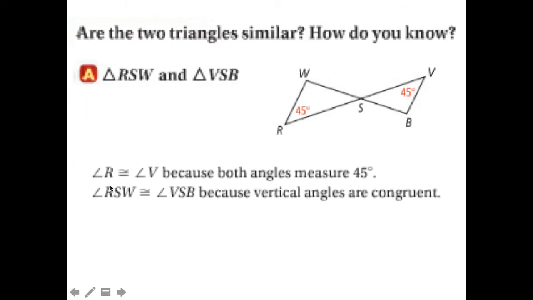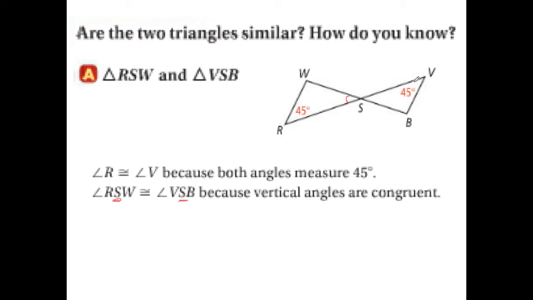As stated before, angle R is congruent to angle V because the angles both measure 45. And if you noticed, angle RSW, with S being the middle term, so that's the angle we focus on, is congruent to angle VSB.